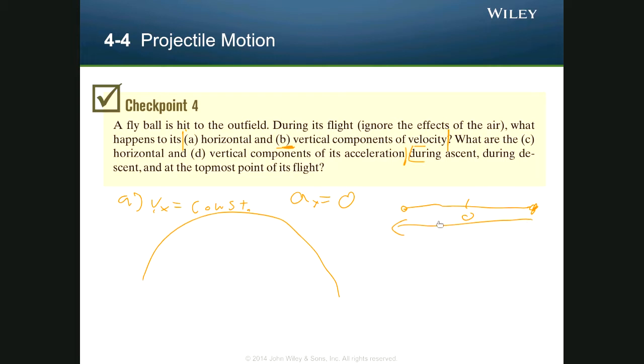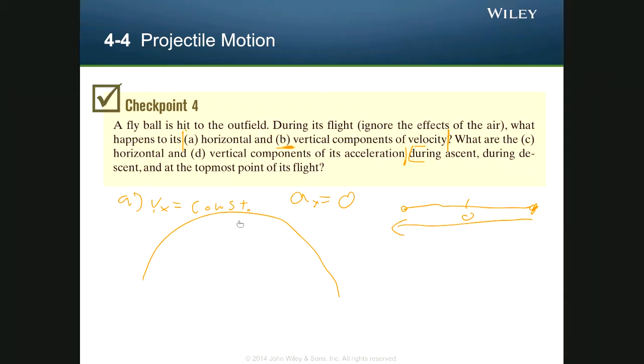All right? Now what I want you to do is consider the vertical components of y. So in looking at this, we have actually answered C, right? During the entire process, ax equals 0. So what is ay equal to the whole time as we go up and down?